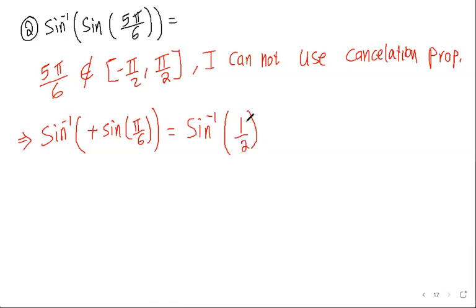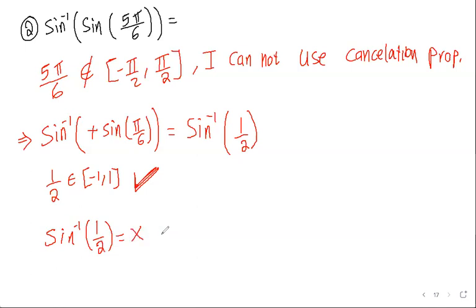Now you have to ask yourself, does the 1/2 belong to the interval from -1 to 1, the domain for the sine inverse? Yes. So I can find the value. Now sine inverse for 1/2 is equal to x.